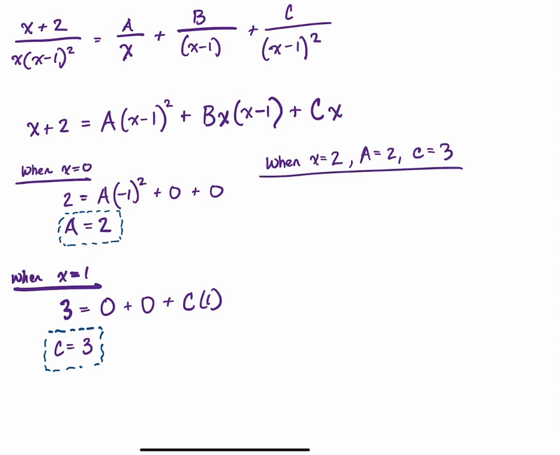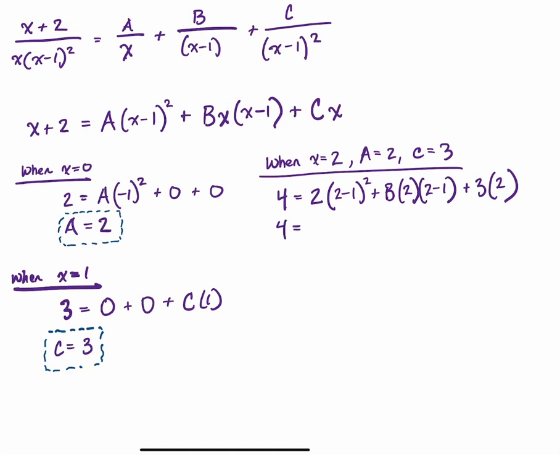So on the left side, that gives us 2 plus 2, so that'll be positive 4, will equal a is equal to 2 times x minus 1, so this will be 2 minus 1 squared, plus b times x, so b times 2 times 2 minus 1, plus c times x, that will be 3 times 2. So notice all that remains is b, and we can just clean up the rest of our terms and solve for b.